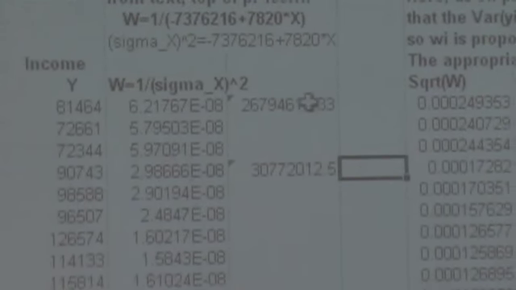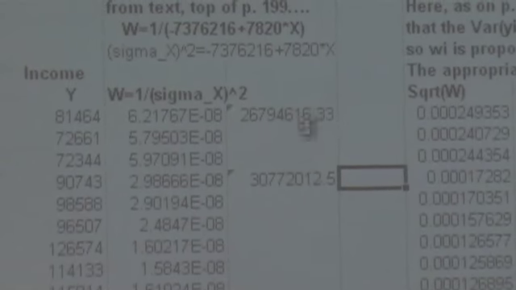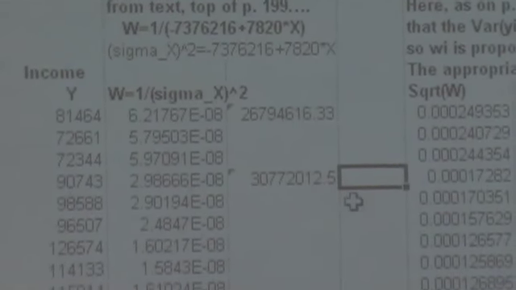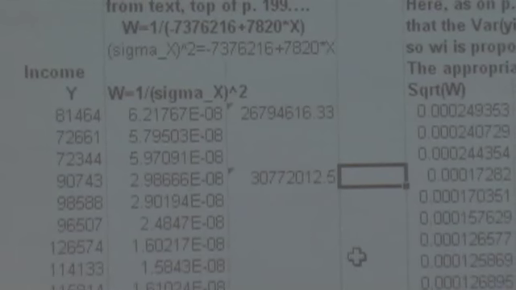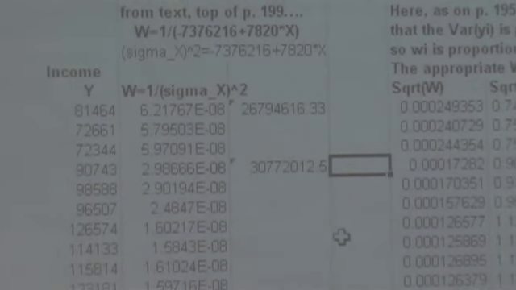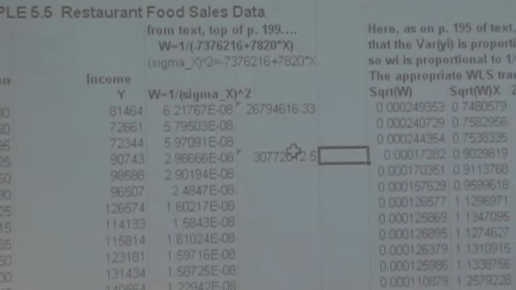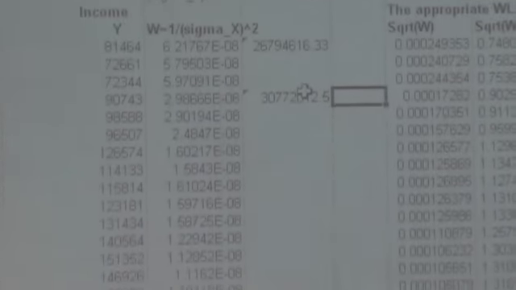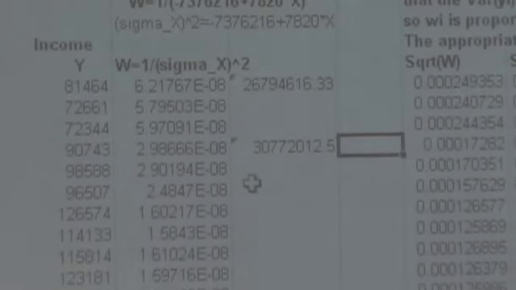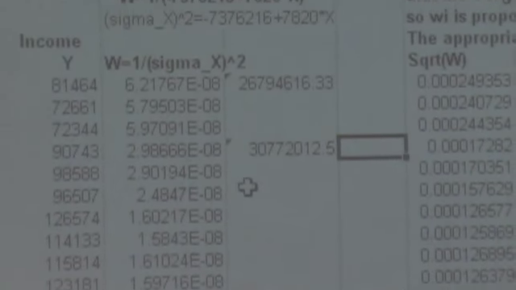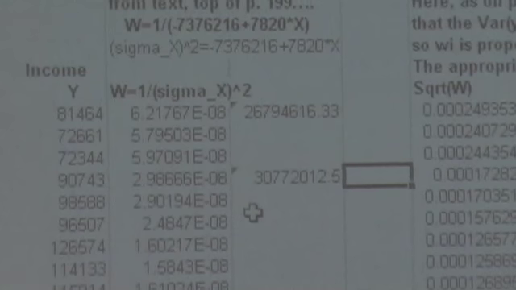And these were the actual sigma squareds here, the 26 million and the 30 million and so on. Good enough? So this should be 1 over 26 million. Okay, that looks about right. Or is it right? 1 over 30 million, 10 to the minus 8? Yeah, that's right. Good enough.